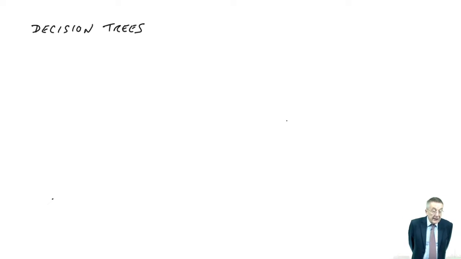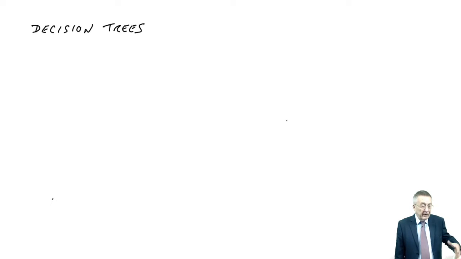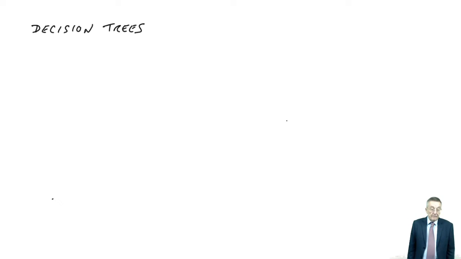If they do the expensive refurbishment, then a good result will yield a return of 13.5 million. A poor result will only yield 6.5 million. So if you think back to what we did in previous lectures, there's some uncertainty there. If we do expensive, then it may be high return, it may be low. And similarly, if we do the cheaper refurbishment, a good result yields 8.5 million, a poor result yields 4 million.